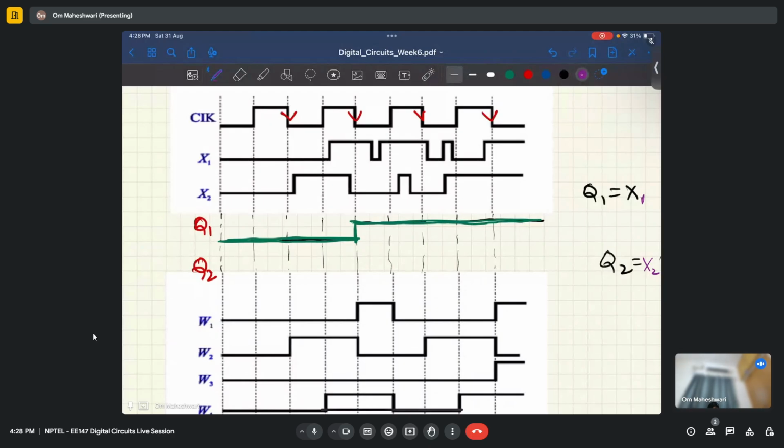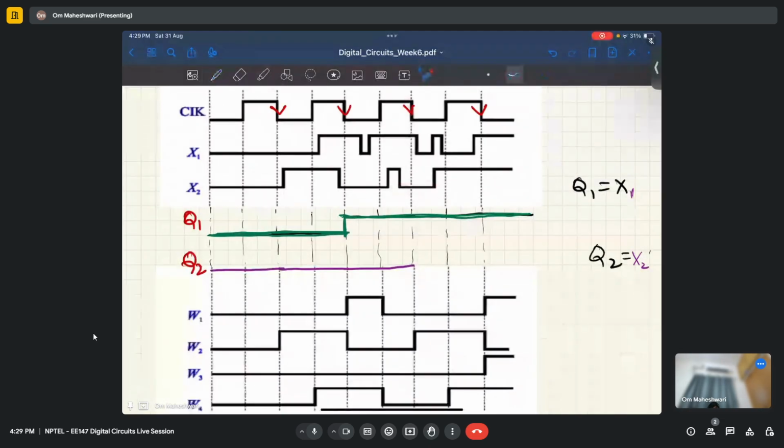So it will remain 0. At this trigger also, this is 0 here. So it will remain 0 again till next trigger. Here also it is 0, so it will remain 0. Here it is 1, so it will go to 1.